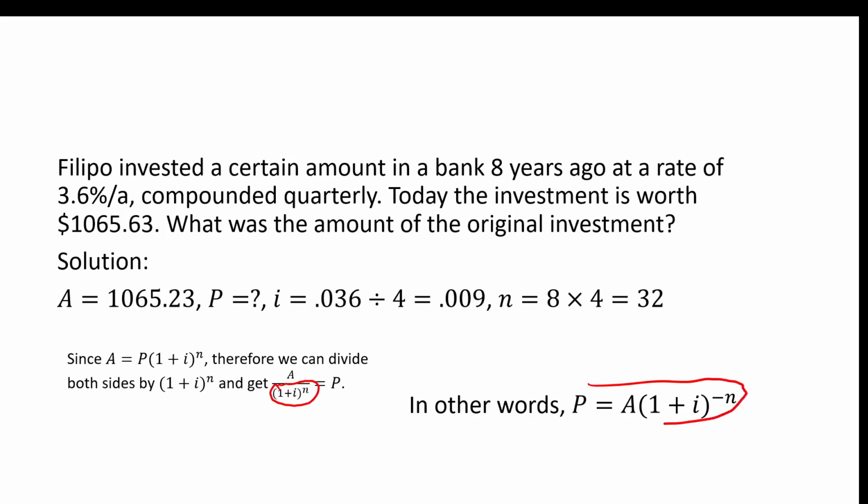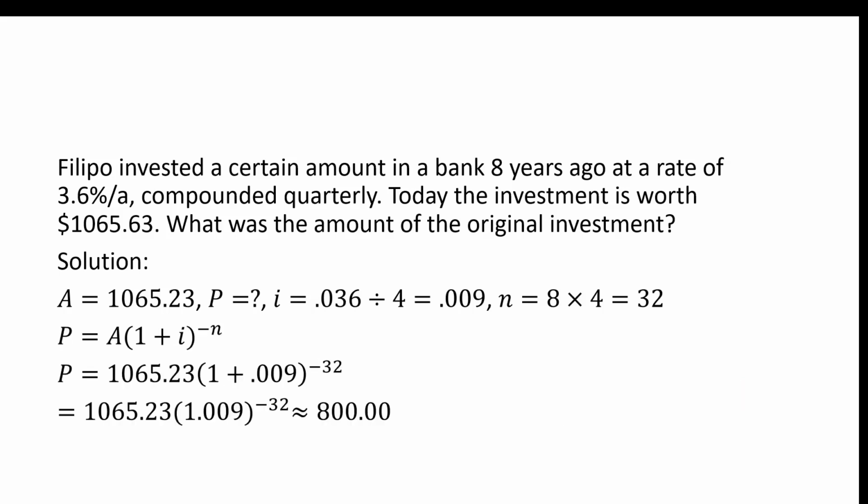So we get a formula for principal in questions like this, which is A times 1 plus I quantity to the exponent negative n. And so we can say that the principal will be $1,065.23 times 1.009 quantity to the exponent negative 32, which is roughly 800 bucks.